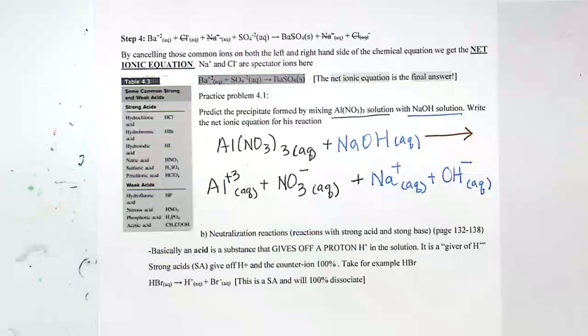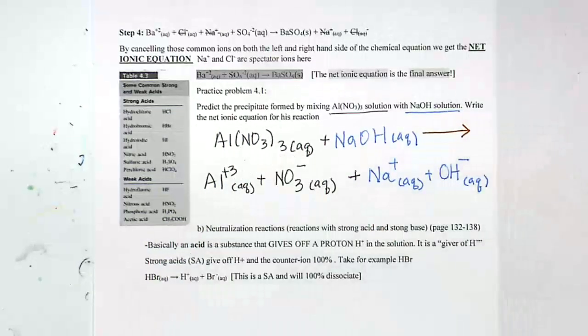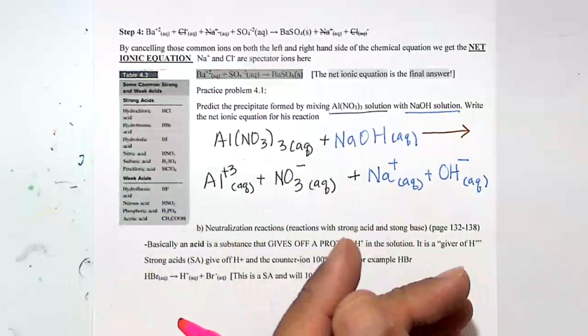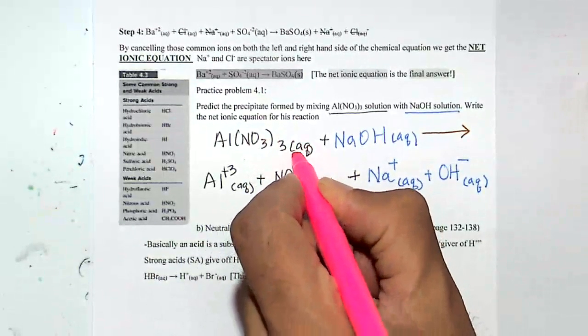Remember hydroxide ion? All right, so we'll do outer and inner. Do we need to balance it? I like to balance it at the end. But you do want to balance it.